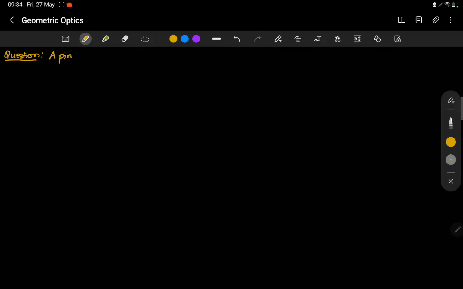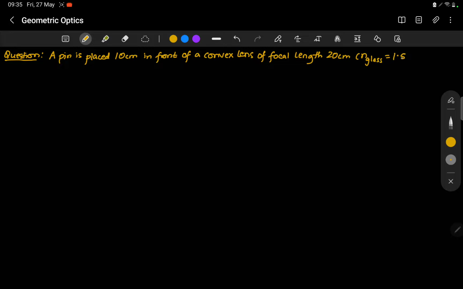A pin is placed 10 centimeter in front of a convex lens of focal length 20 centimeter, and it is made of glass with refractive index 1.5.